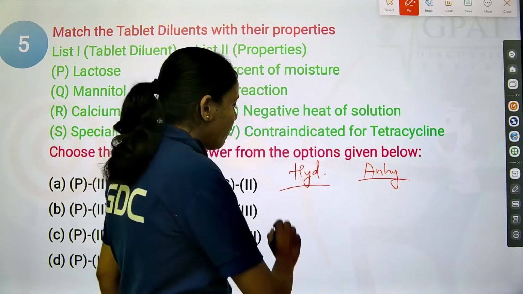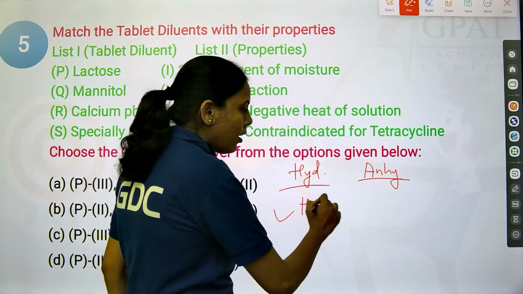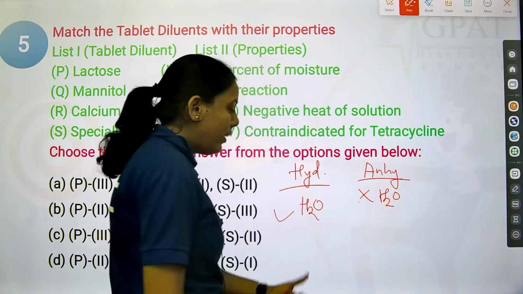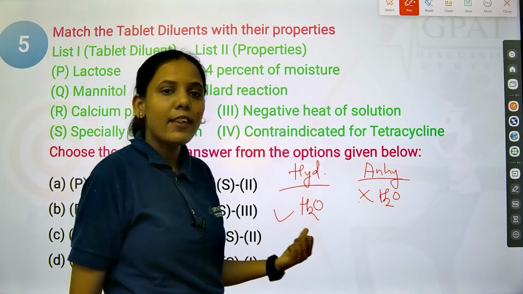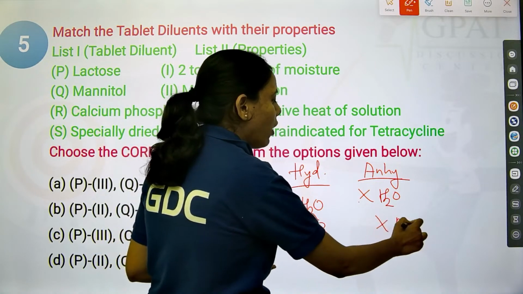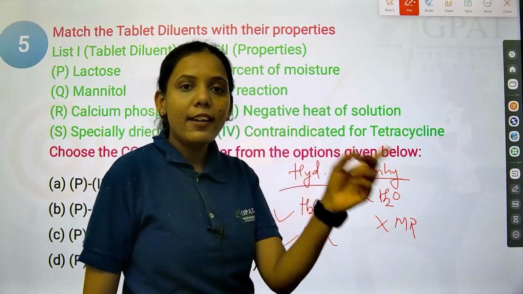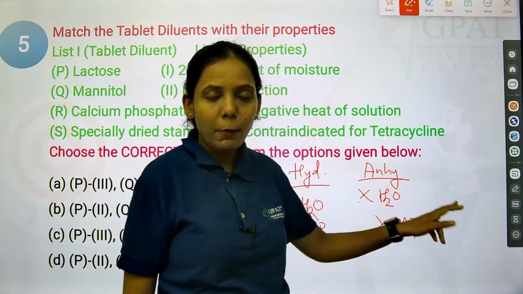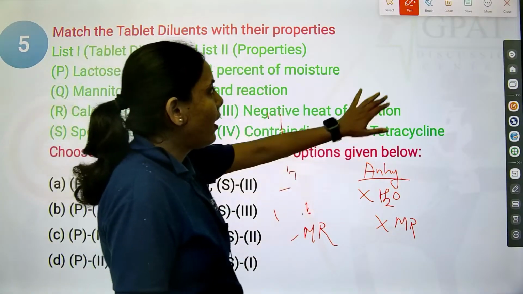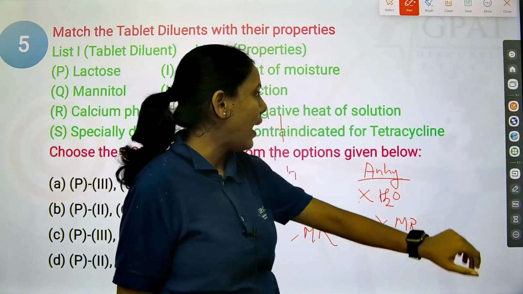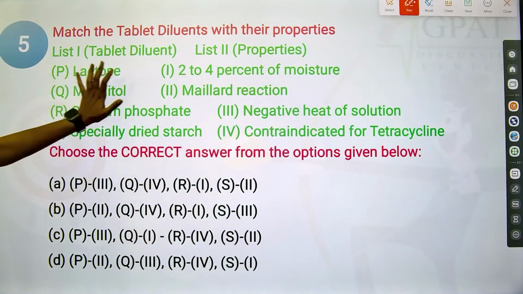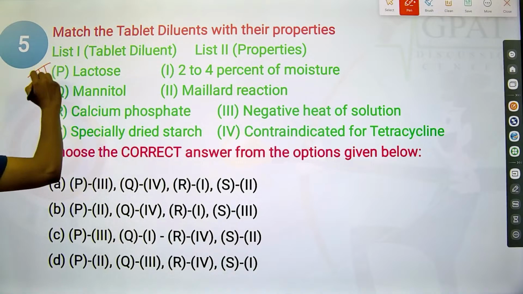Hydrous means water molecule is present. Anhydrous means water molecule is not present. So the one in which water molecule is present will undergo the Maillard reaction, and in which it is not present, it will not. So anhydrous lactose will not undergo the reaction, but hydrous lactose will. It is nothing but the discoloration due to the presence of furfuraldehyde. So for P it is 2.